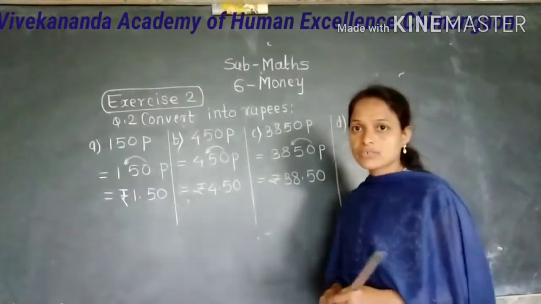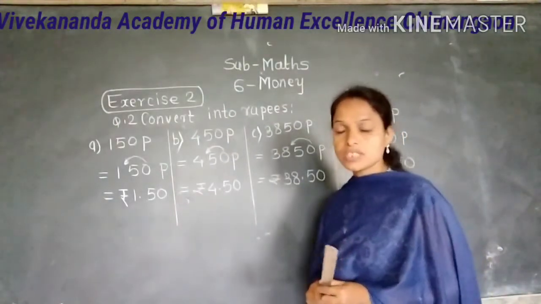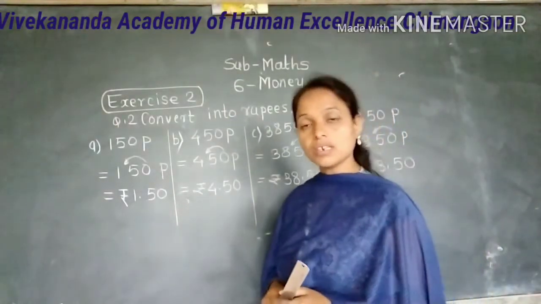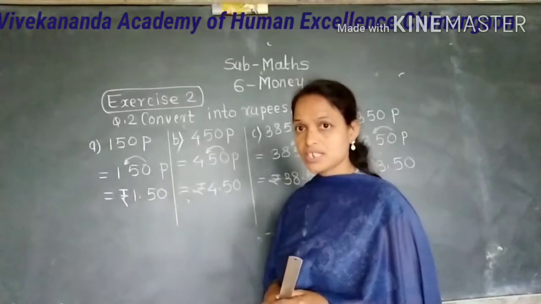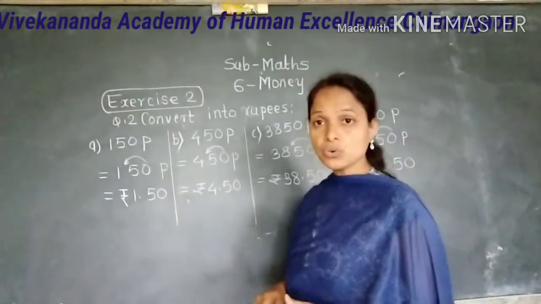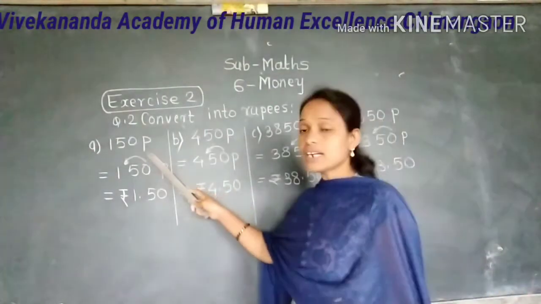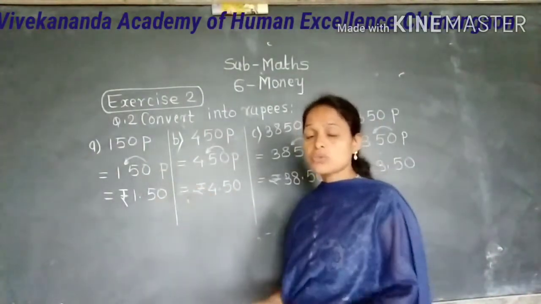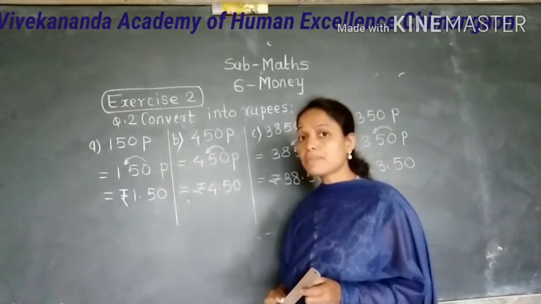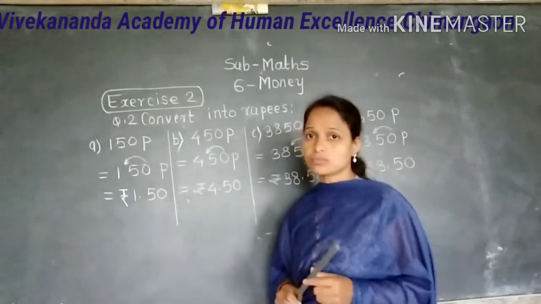Okay. Next question, convert into rupees. First question, we converted rupees into paise. Now second question, we have to convert paise into rupees. Okay, so see first example, 150 paise. So you have learned when we convert paise into rupees, then put the dot.